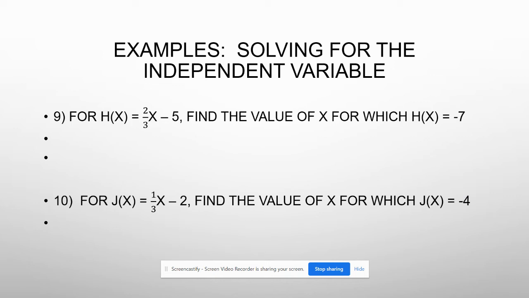Solving for the independent variable. That means solving for x. What does x equal? So in number 9, they're telling us that h of x is negative 7. So this is negative 7.